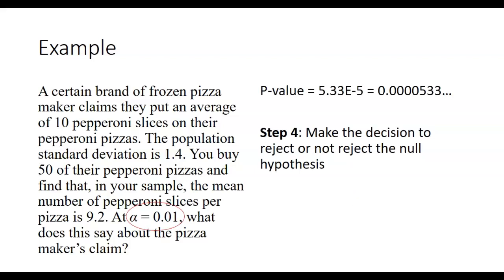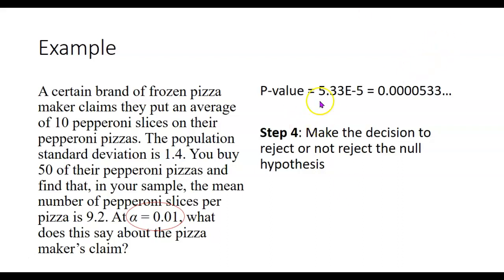Make the decision to reject or not reject the null hypothesis. So when we get to step 4, we always say one of two things. We either say reject the null hypothesis, or we say do not reject the null hypothesis. It's always just one or the other of those. How do we decide?